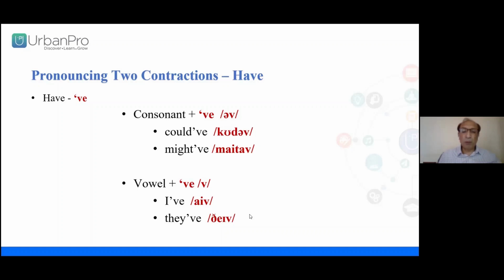They have will be pronounced as they've. I've got two pens. They've been there very early. Okay, so be careful about using them. Practicing them a lot will really help in your fluency.